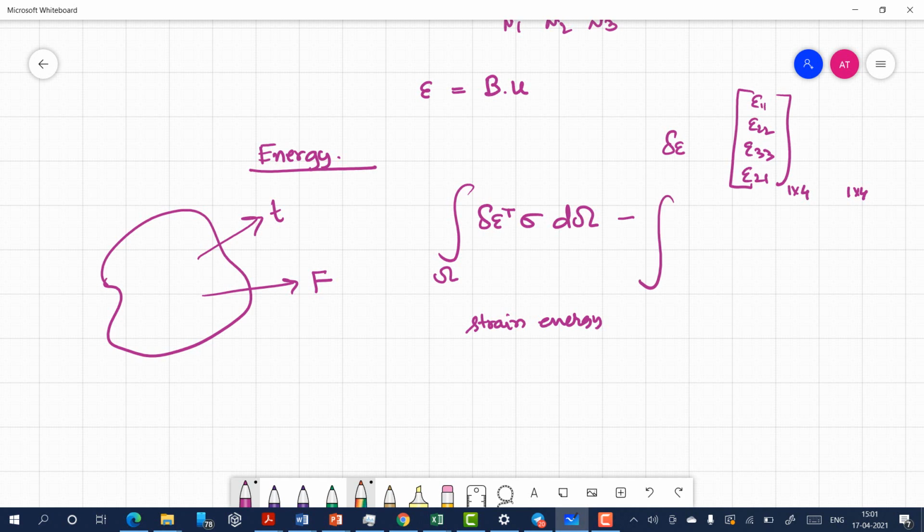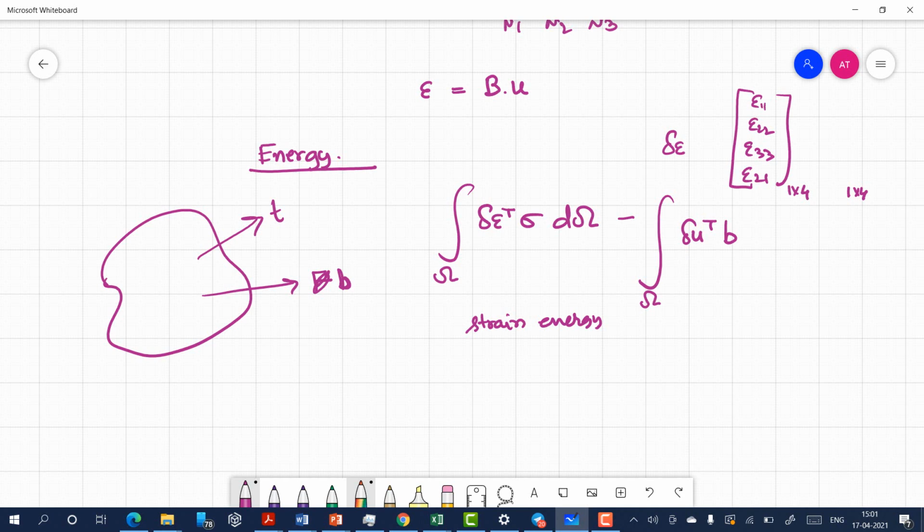Then we have the body forces, which are also applied throughout the volume. For that we have some amount of displacement which has occurred, and then we take the body forces. Instead of F, I can write F also, but F I will use in the end.